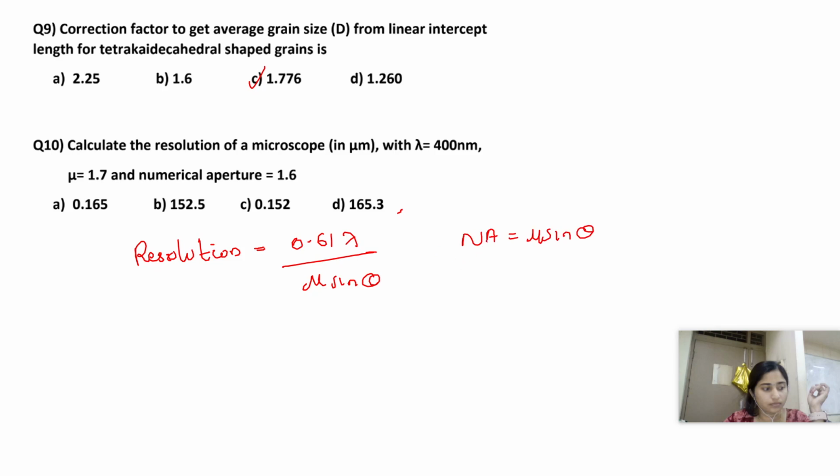Okay, so sometimes it will be like this. So you can directly take the value 1.6. No need to go for the refractive index value because theta isn't given in the question. So you have to take this whole mu sin theta as equal to the numerical aperture value, substitute that and find the answer for the resolution.